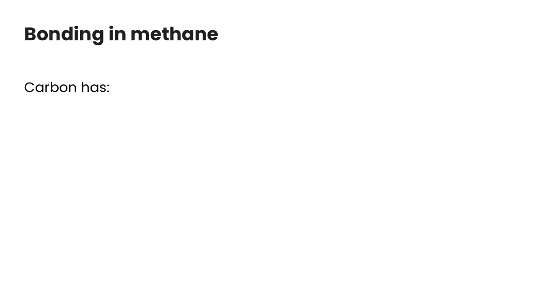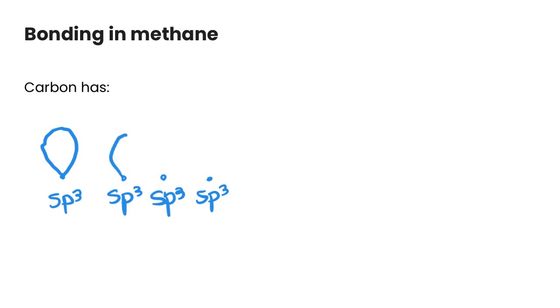So then how does this overlap, and what does this look like with the VSEPR shape in carbon? We're saying carbon has 4 of these sp3 hybrid orbitals. And when these orbitals mix and combine, they make orbitals that kind of look like half of a p orbital.